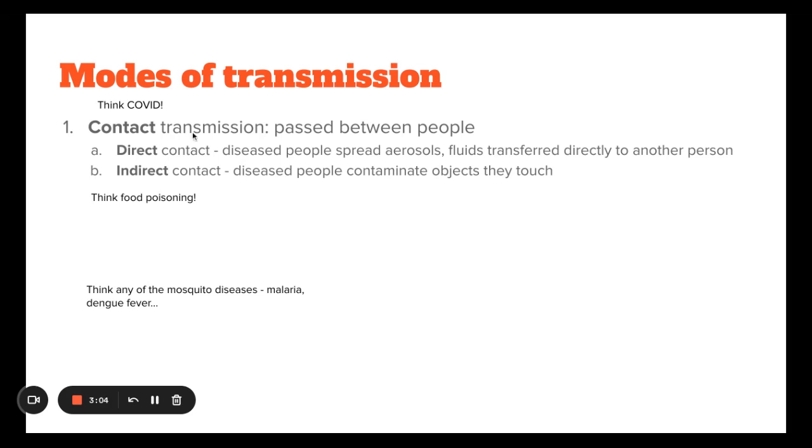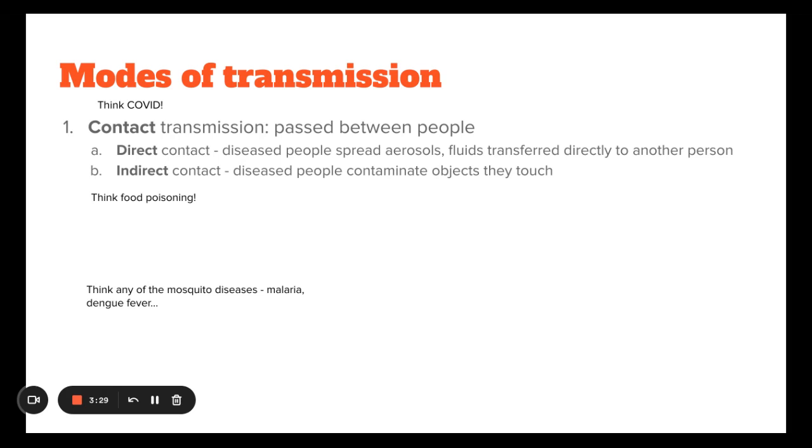Right. So for contact transmission, think about everything that we have experienced in the last 2 years in terms of COVID, right? Why do we have masks? Because we know that COVID spreads through aerosols, right? So if you stop diseased people from spreading aerosols through masks, right, you would stop the direct contact. Why is it that we want to wash our hands and sanitize very often before we eat?